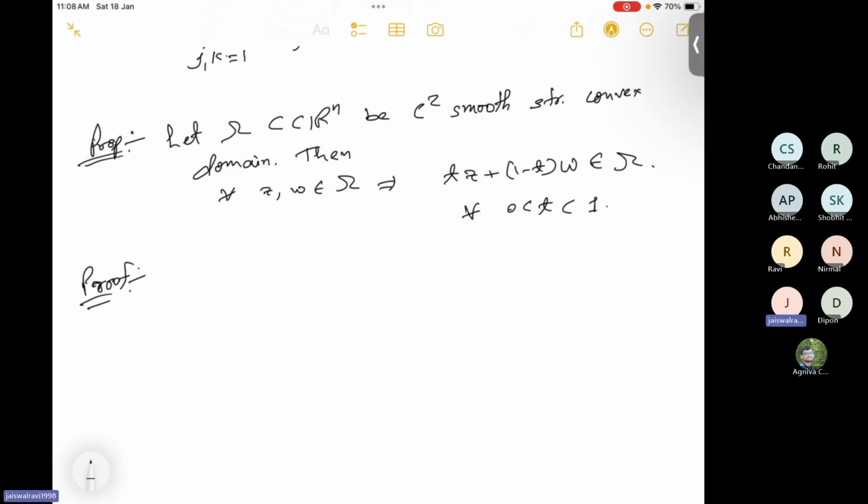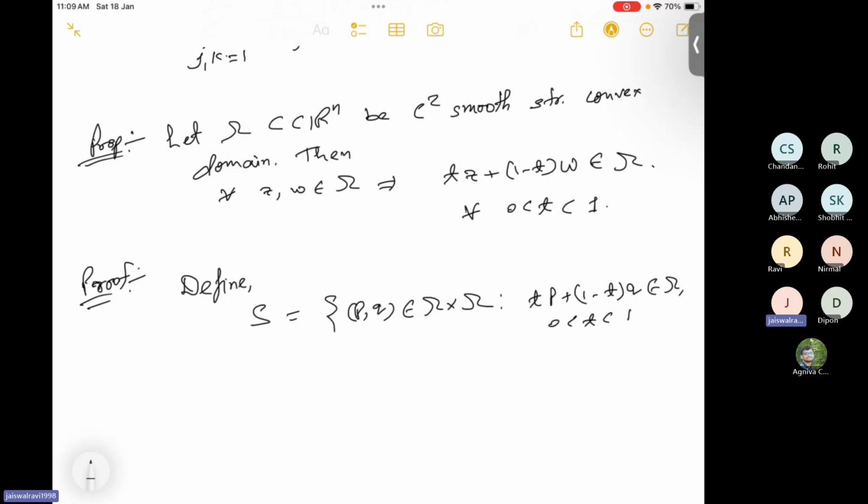So we'll define S, which is the set of p, q in omega cross omega, such that tp plus 1 minus t q is in omega for all t between 0 and 1. Note that omega is connected, so omega cross omega is also connected.